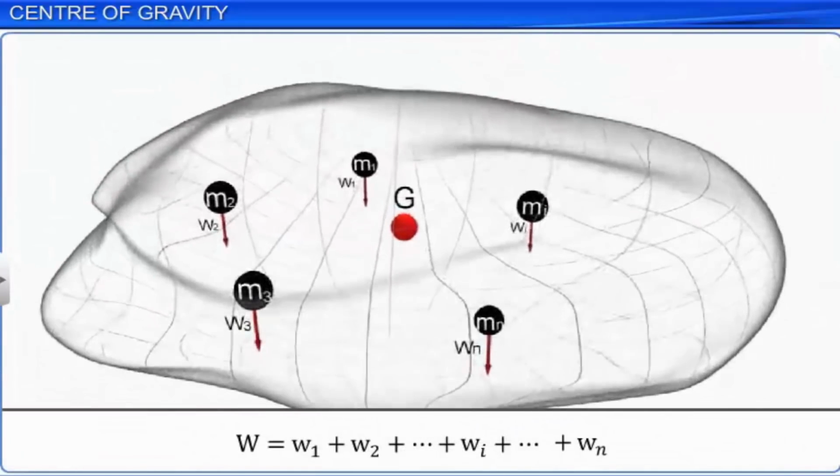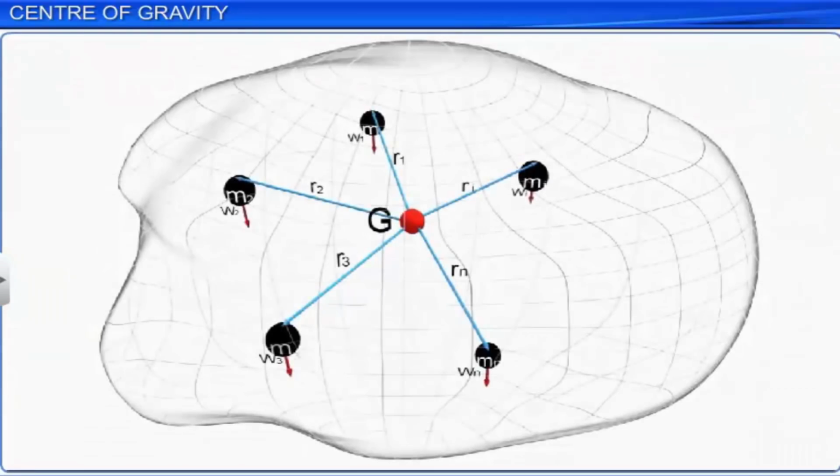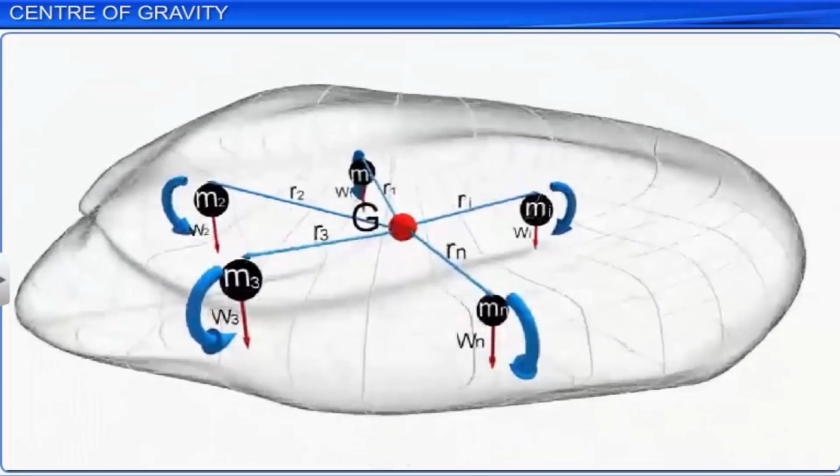When torque is calculated about the center of gravity, weights of some mass elements produce clockwise torque and of others produce anti-clockwise torque, making the net turning effect 0. Hence, the weight of a rigid body can't produce any net torque about its center of gravity.